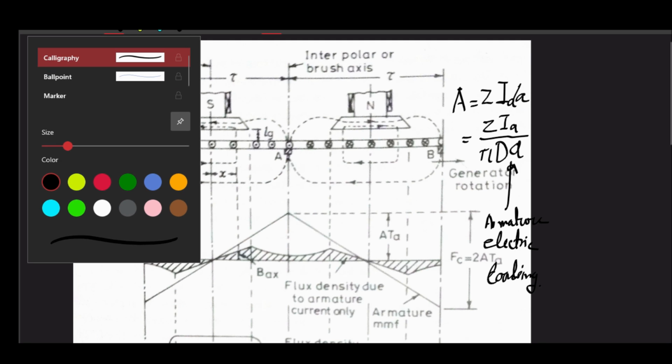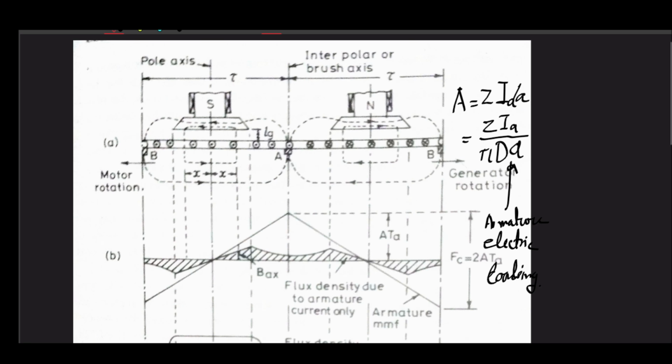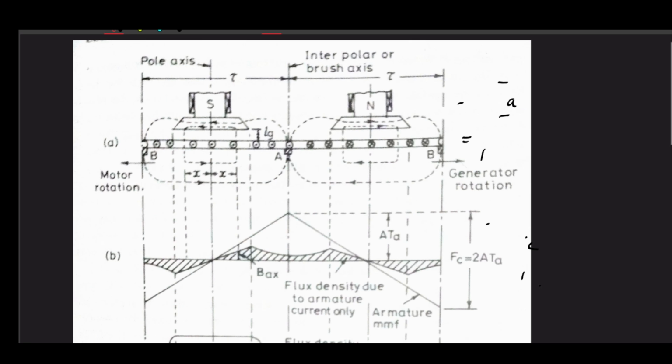Now what you can see here, what I just discussed in the previous case, that is the same thing you can see here. This capital A, they are showing the armature field line.